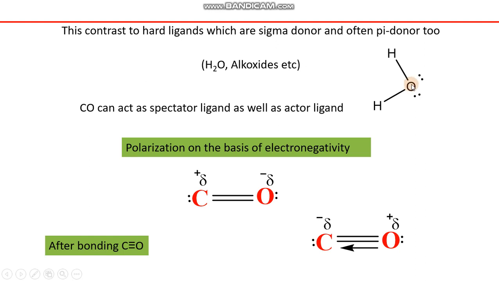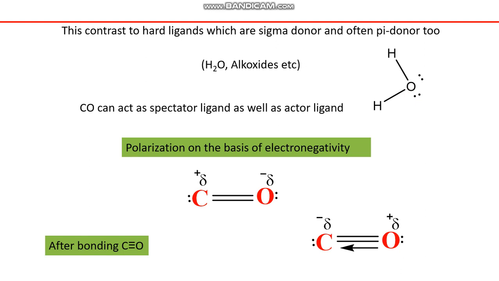Now, for electron acceptance or bond formation, there are certain phenomena. One phenomena is orientation of orbitals in the space. If the orientation of orbital is appropriate, bond will form. If orientation of orbital is not appropriate, then bond will not form.